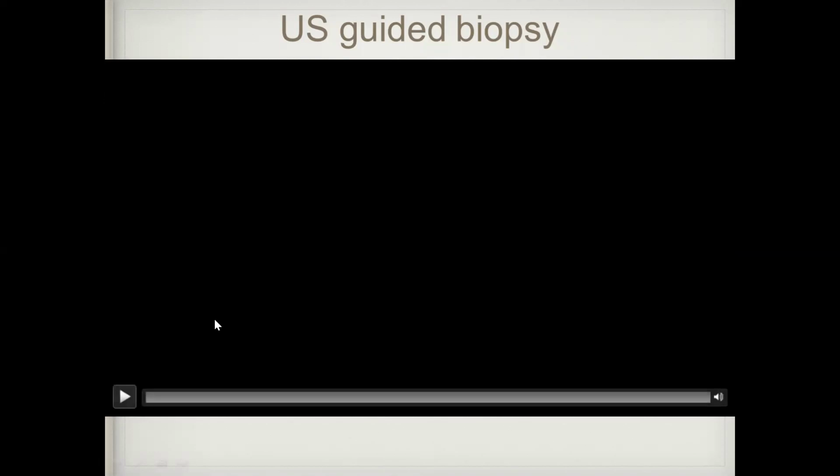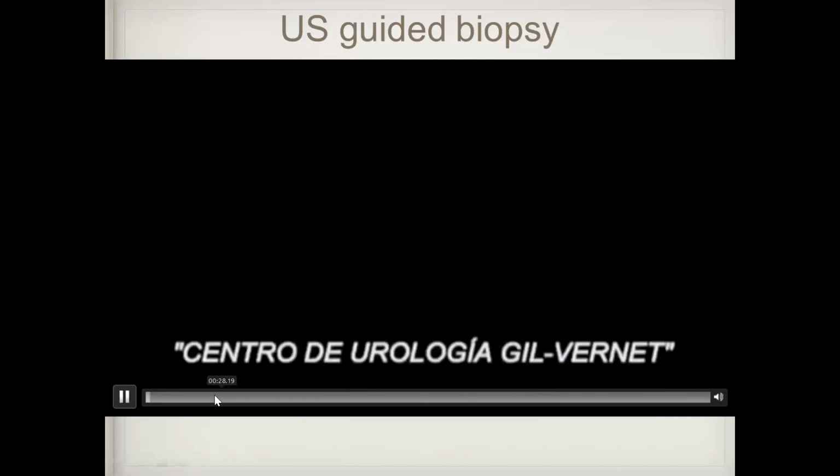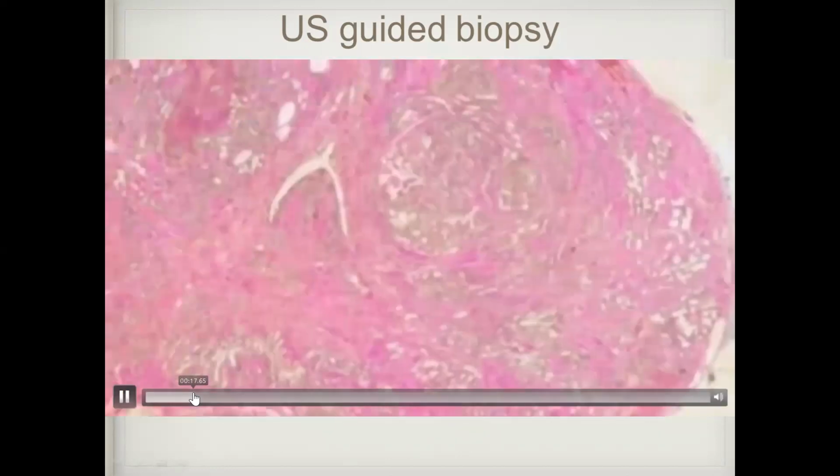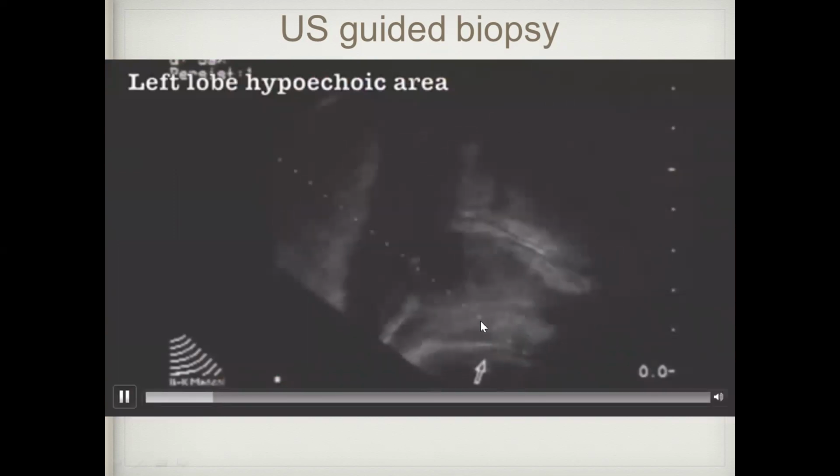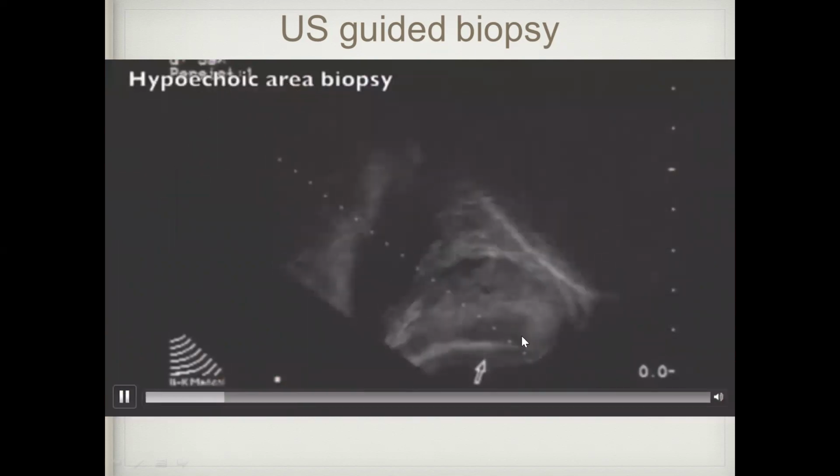This is an example of prostate biopsy, which is better done under ultrasound guidance transrectally because you can guide the biopsy needle to the exact location. For example, this is the prostate, usually the tumor is in the peripheral zone. So our needle will go from here.